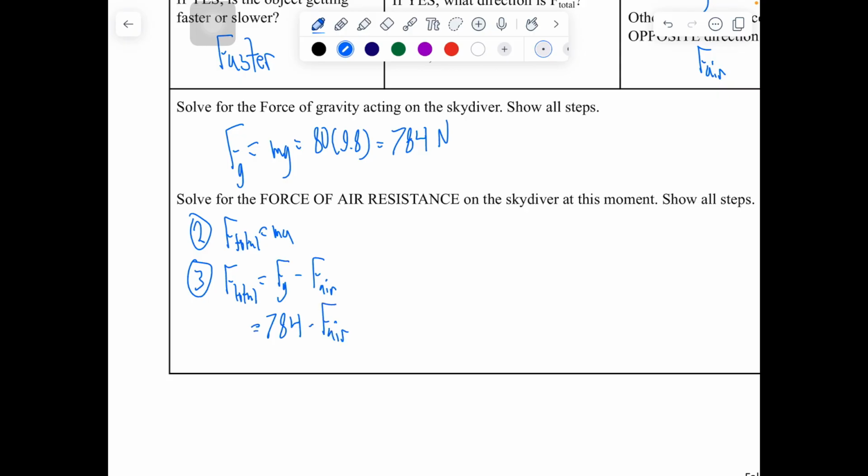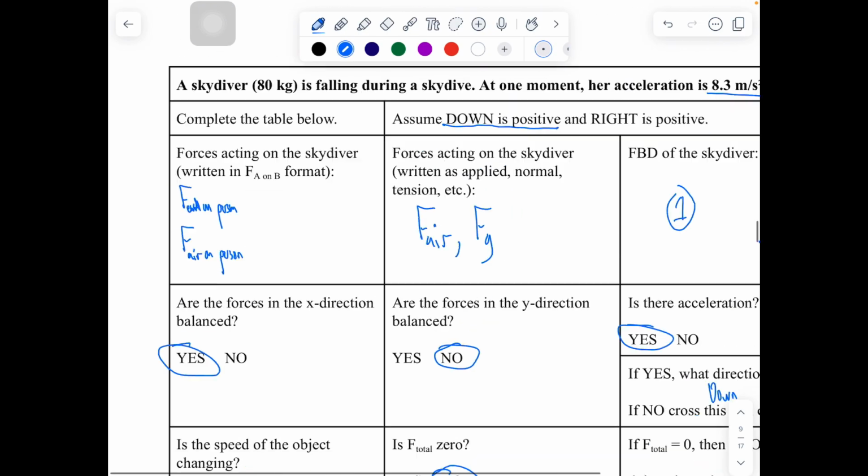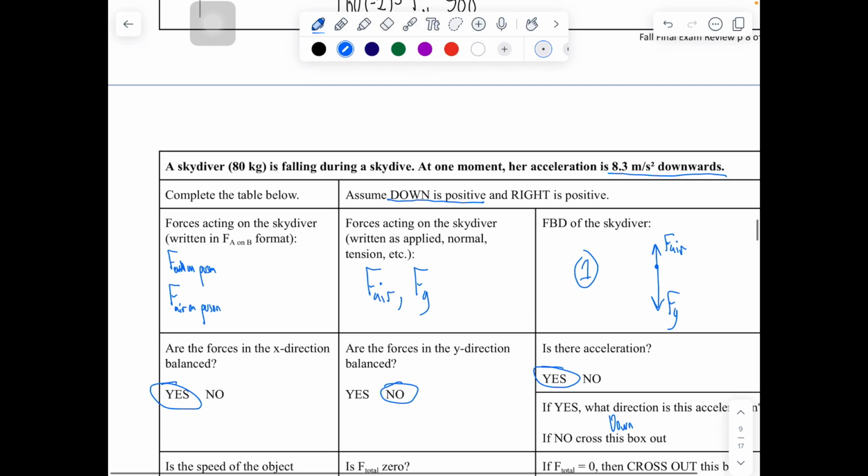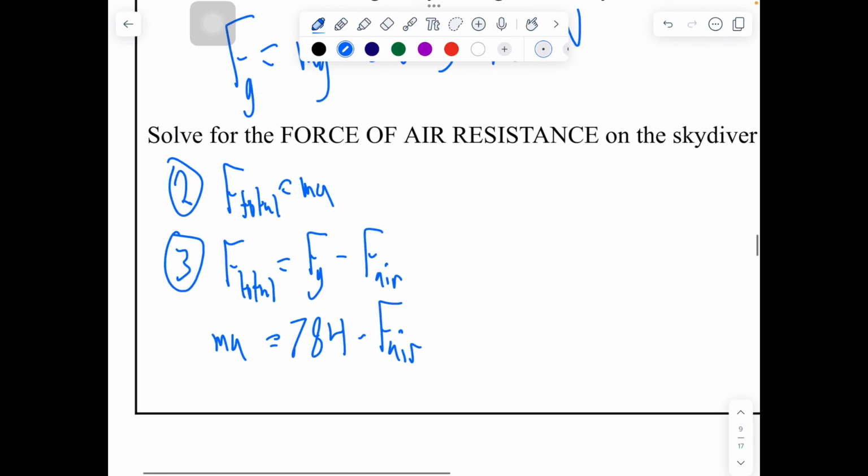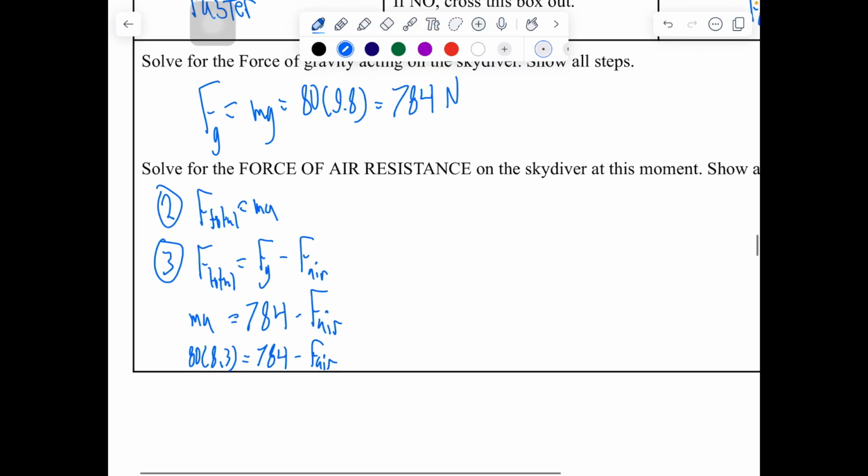We know the total force is mass times the acceleration. So plug in 80 for our mass, 8.3 for the acceleration, and we can solve for that air resistance. 80 times 8.3. This gets us 664 equals 784 minus air resistance.